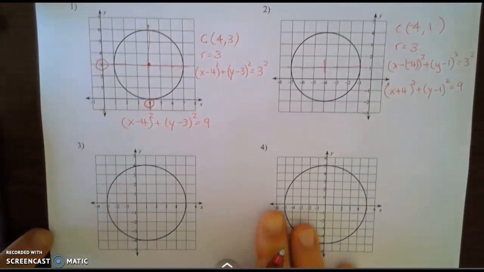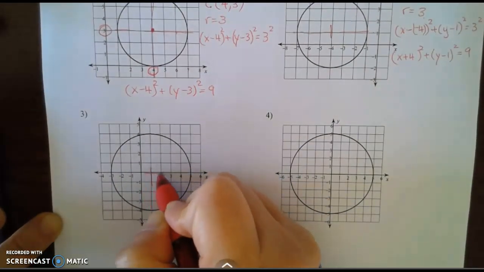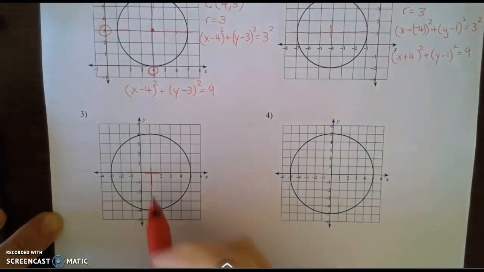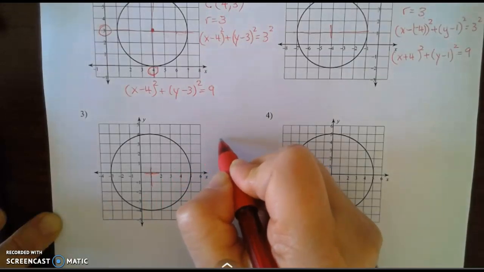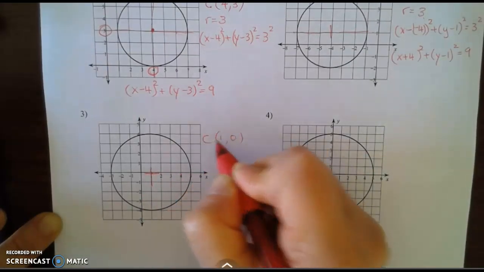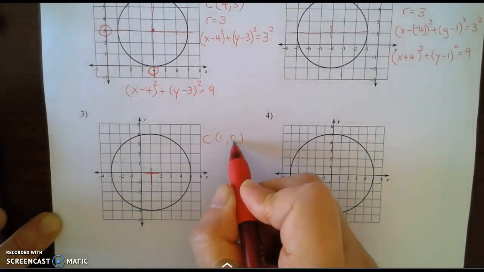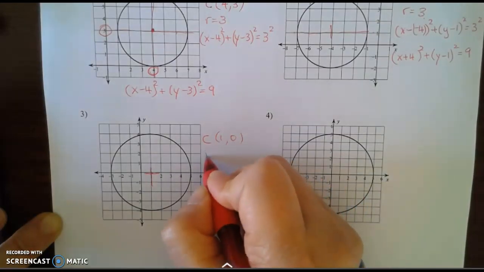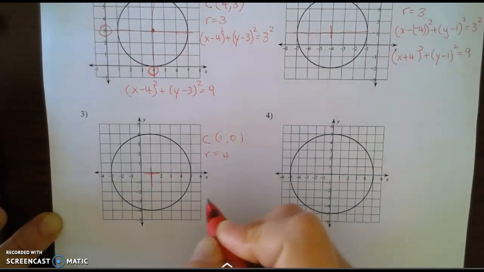All right, then the third problem. Where is my center? It gets a little bit tricky because the center is on the x-axis. So what's the x-coordinate? The x-coordinate is 1, the y-coordinate is 0. So h is 1 and k is 0. The radius in this case is 1, 2, 3, 4 units.